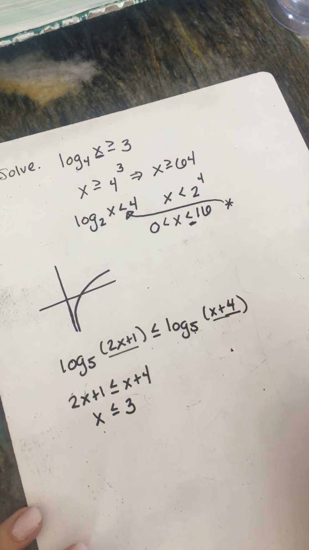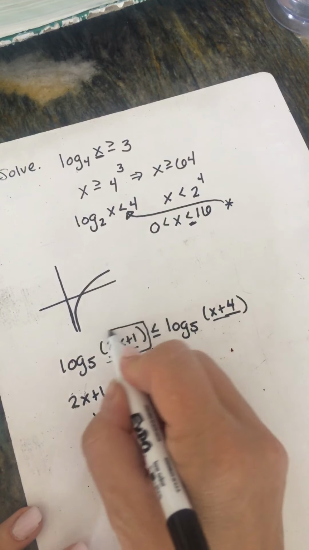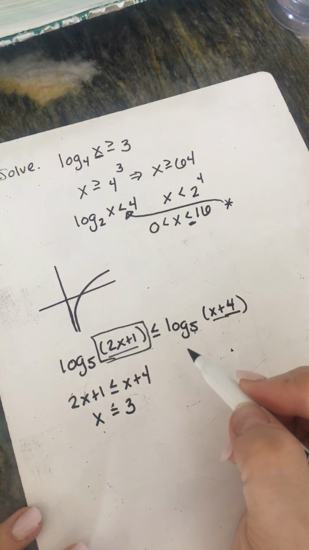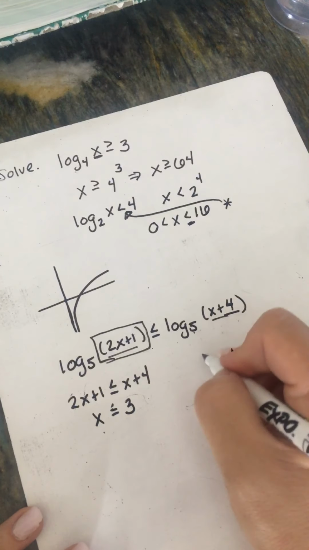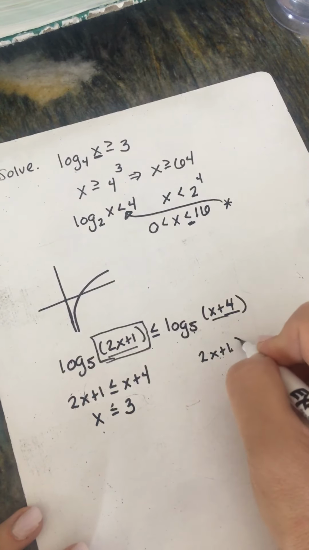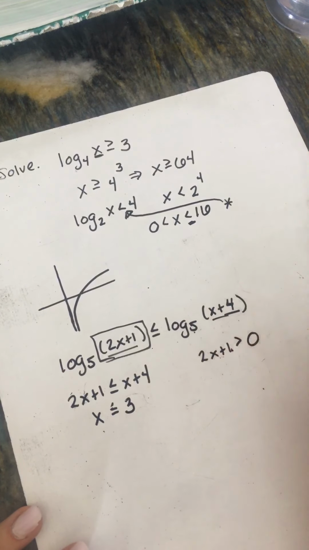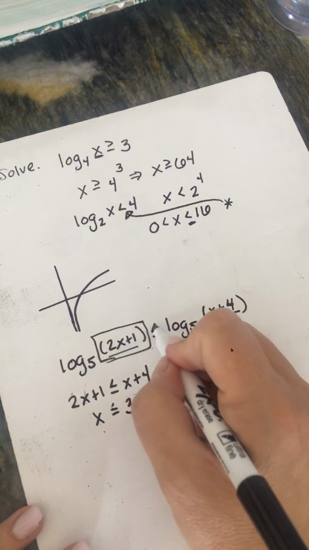Now, we know that this guy has to be greater than 0, correct? Our argument here must be greater than 0, so 2x plus 1 must be greater than 0. You need to take the smaller one, sorry, because it's pointing in this direction.